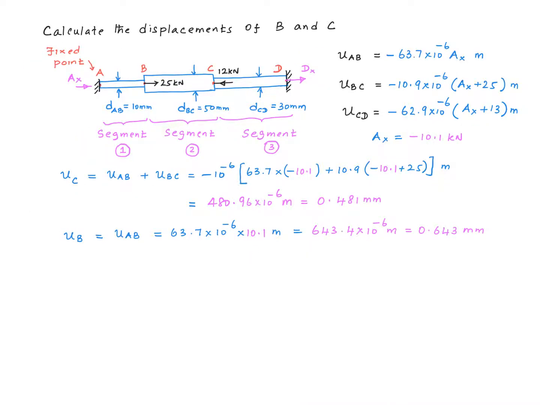So here are my calculations for the displacements of point C and point B. In comparison to what we did in the earlier case, all we have to do is to use this value for AX. So here are the values of the displacement I got for point C and point B.